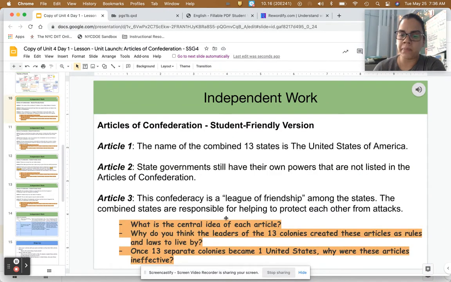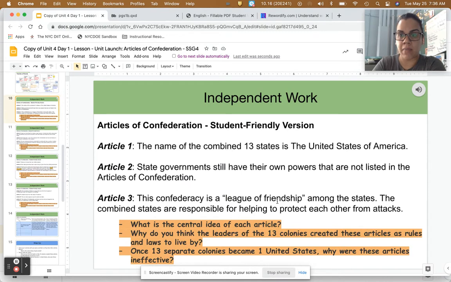Right? So maybe, what if the states decide to attack each other? I know it seems almost impossible, right? Because we're in this league, we're friends now. But sometimes friends don't get along, right? So what happens when there's a disagreement between one state and the other?